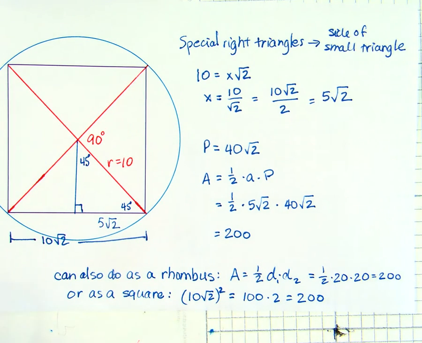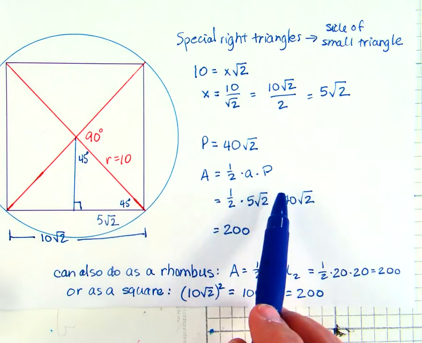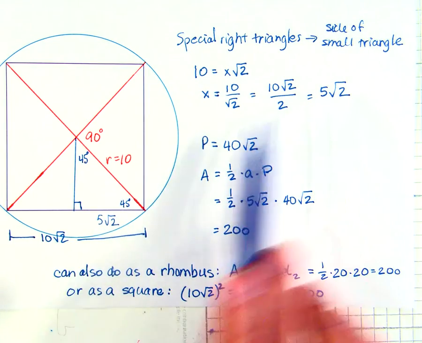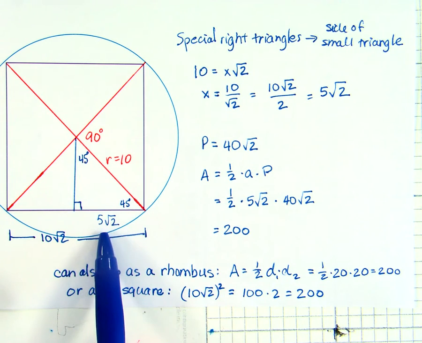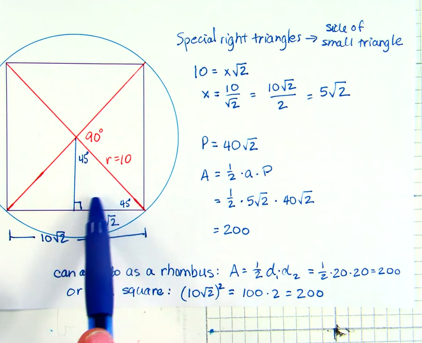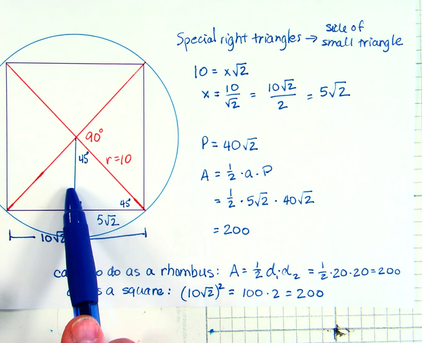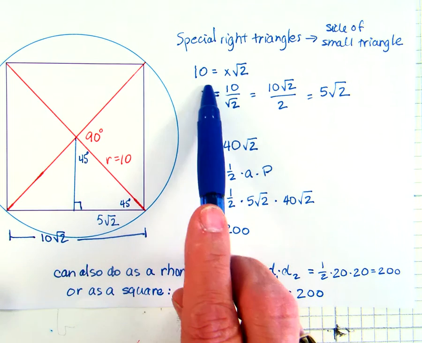Working it according to the method that we've been using here, being consistent with that, I've worked it according to the formula. I've used special right triangles to find out that the side length is 5 times the square root of 2. This was the hypotenuse. The hypotenuse is the side times the square root of 2.